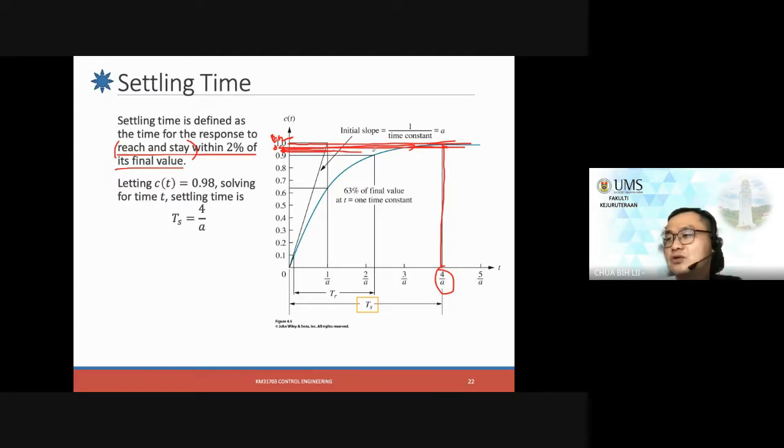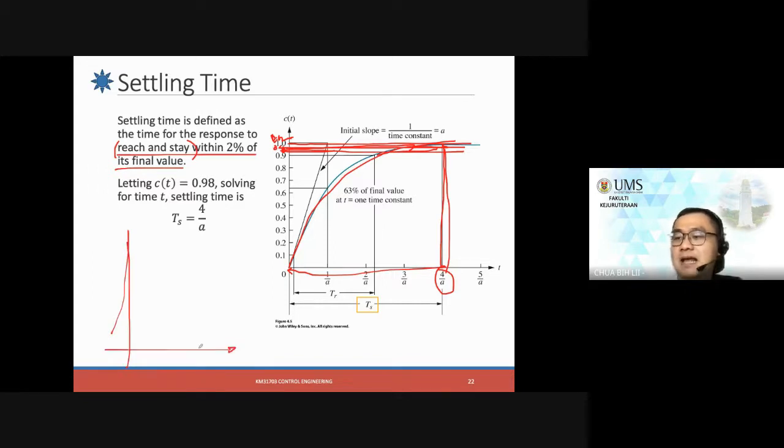You just draw dotted lines, and make sure that when it starts to reach and stay within that particular range, you start to measure. This would be the settling time from the starting point, how long it takes to reach. For first order, it is quite straightforward, but when we start to deal with a second order system, then it will start to oscillate.